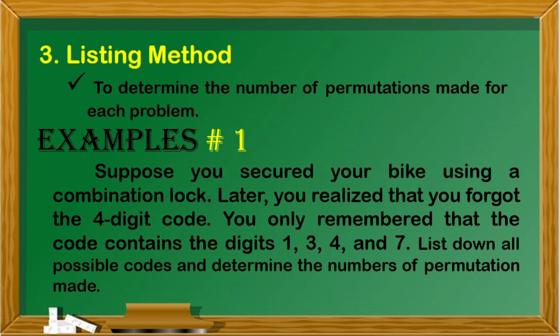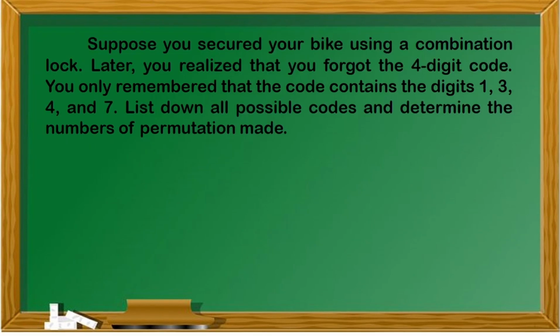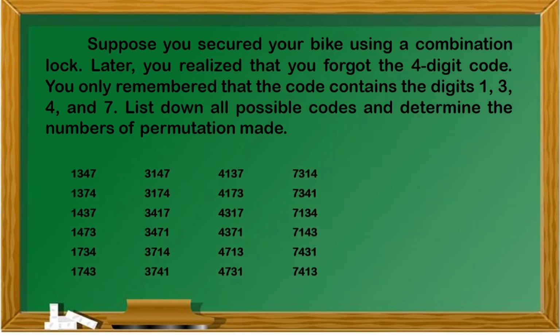List down all possible codes and determine the number of permutations. These are the possible codes: 1347, 1374, 1437, 1473, 1734, 1743, 3147, and so on and so forth up to 7413.